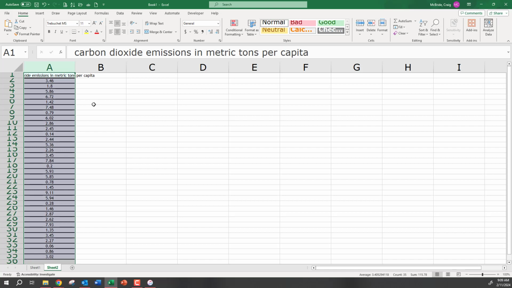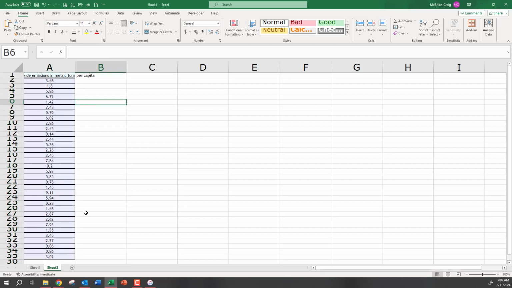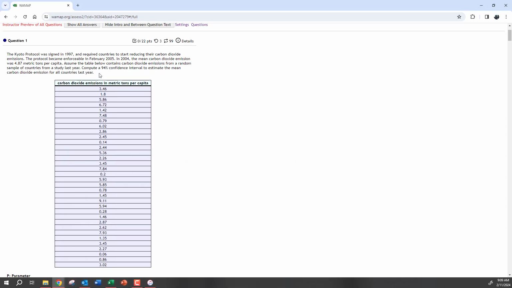Okay, so that's how to get your data into Excel: you just have to make sure that you're highlighting above the table. And like I said, depending on the interface, if you're getting it from a different website, you might have to try a couple different highlighting techniques until it pastes into Excel properly.